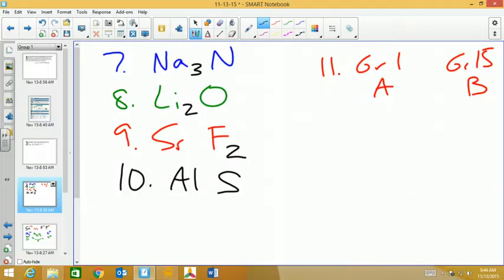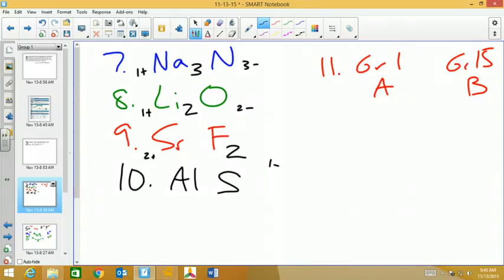That this was a 2 plus and this was a 1 minus. So therefore, I needed 2 fluorines to balance out the 1 strontium. Whereas this was a 1 plus and this was a 2 minus. So therefore, I needed 2 of these to balance that out. And again, a 1 plus and a 3 minus.